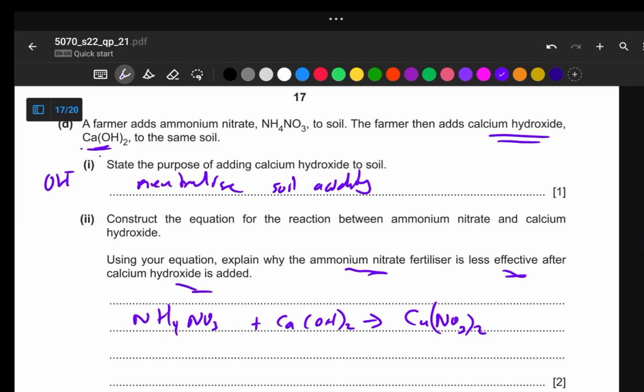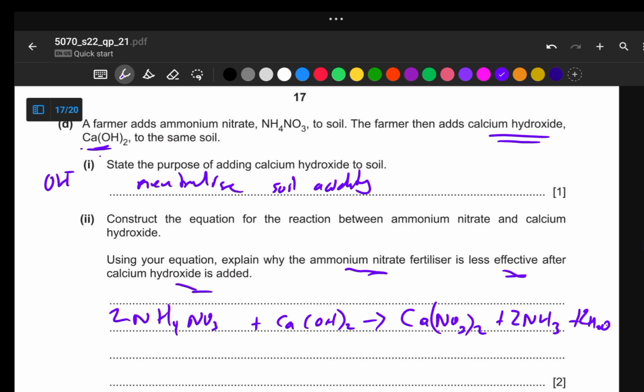This is the chemical formula, and we are also going to have ammonia plus water, right? So to balance this equation, we need a 2 here and a 2 here, right? And a 2 here, right? So this equation is now balanced.